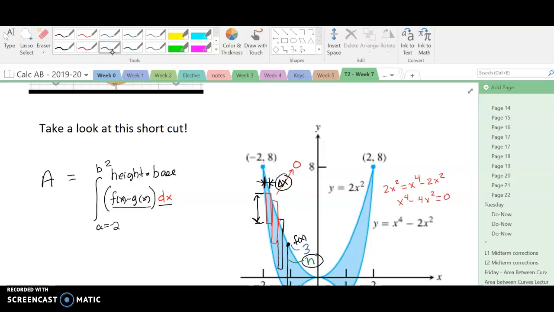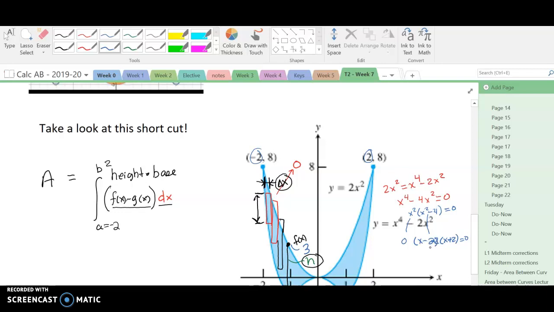Factoring out an x squared, we have x squared times x squared minus 4 equals 0. Well, our zero here will be 0. Our zeros here will be x minus 2, x plus 2. Well, that's where the 2 and the -2 come from, setting each of these factors equal to 0.